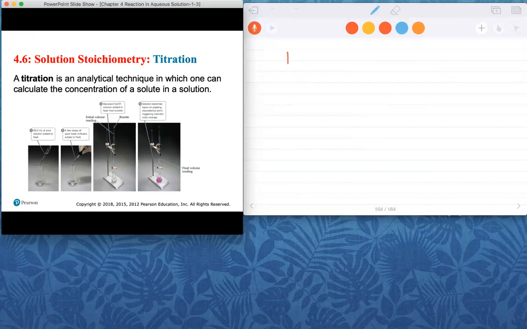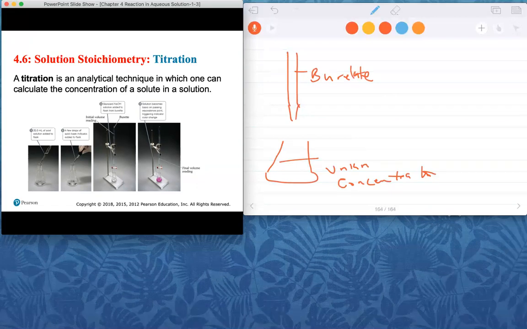In titration, there is equipment we call a burette, you may have used this before. This is called a burette. You may have a known concentration or molarity.